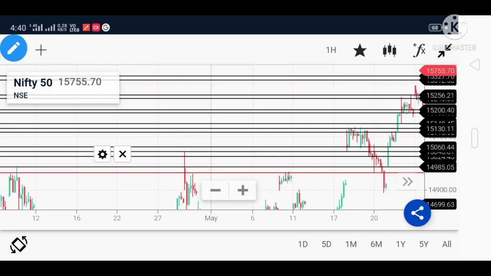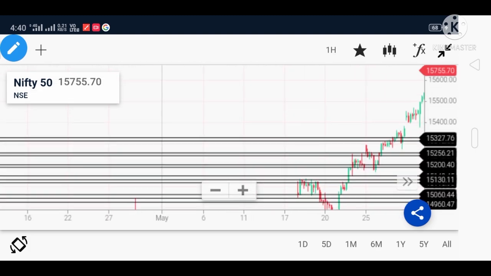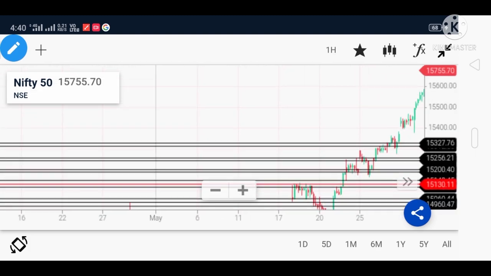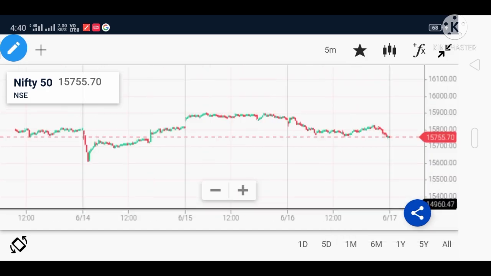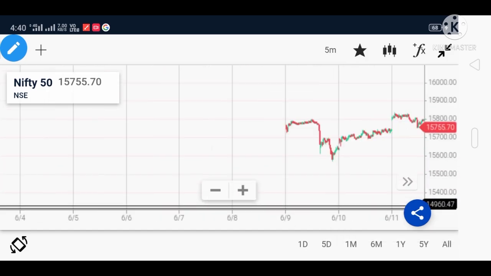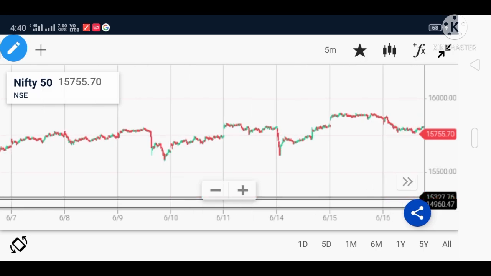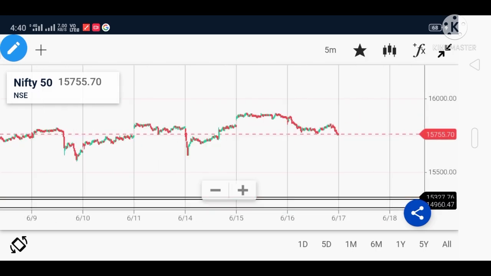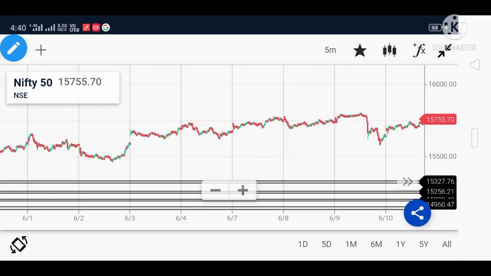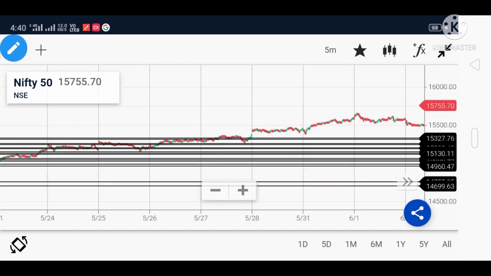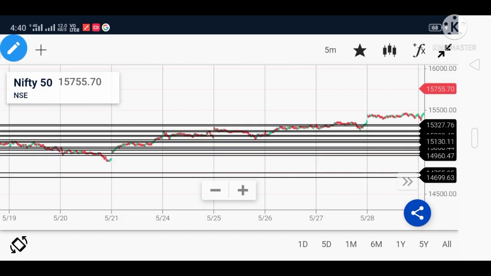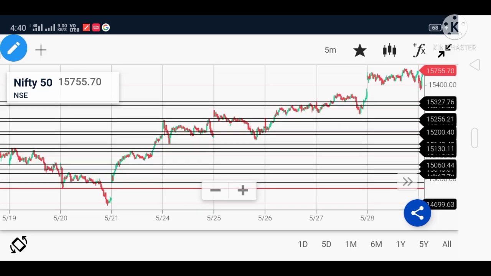So let's move to 5-minute candles on 25 May. Let's find 25 May, yeah, here. Let's move to 5-minute candles. Okay, we came in June. Let's go back. 25 May.